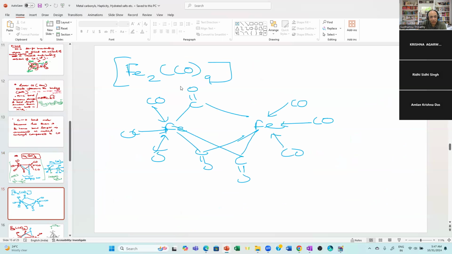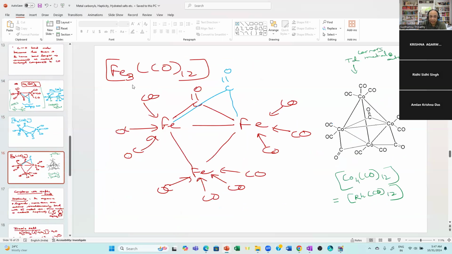And this Fe2(CO)9 will have three bridging carbonyl groups and three on each side. And Fe3(CO)12 has two bridging carbonyls between the two iron atoms, which are also directly bonded, and which are bonded with the three carbonyls on the outer side.